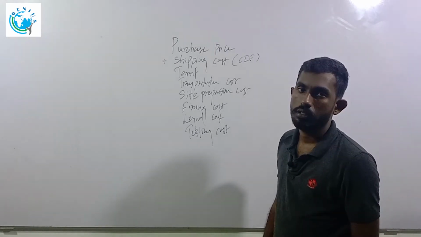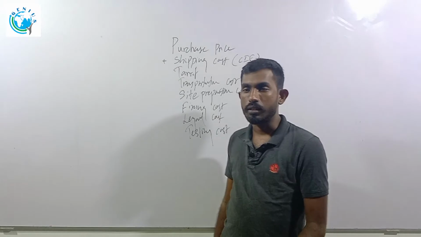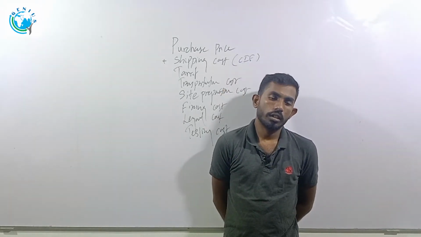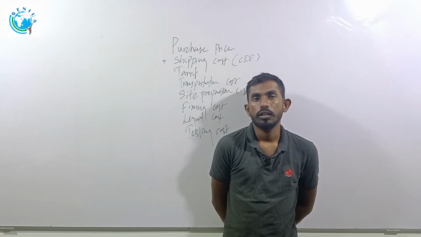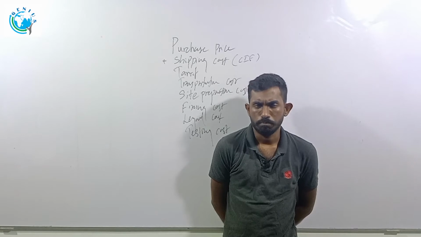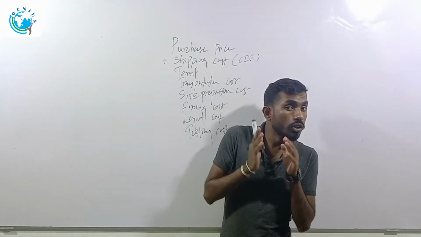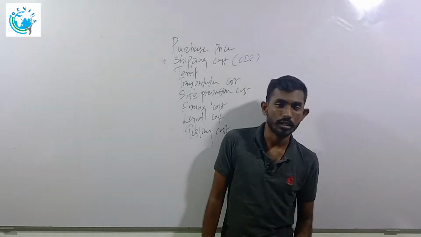Another example. Let's say a building, right? After constructing the building, you have an opening ceremony for that building, right? So you have to incur a significant amount for that opening ceremony.